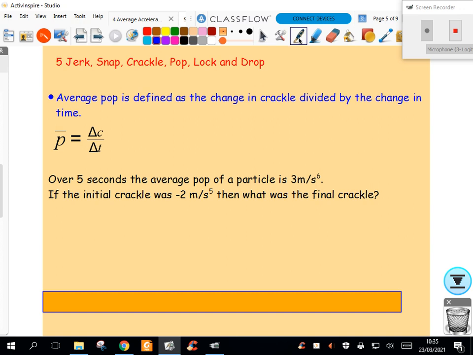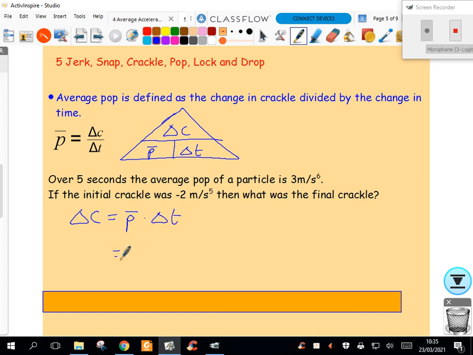Well, again, if I think about my equation as one of these silly triangles, average pop, change in Crackle over change in time, what I can work out is that the change in Crackle is always going to be the average pop multiplied by the change in time. Here the average pop is given as 3. The change in time is 5.